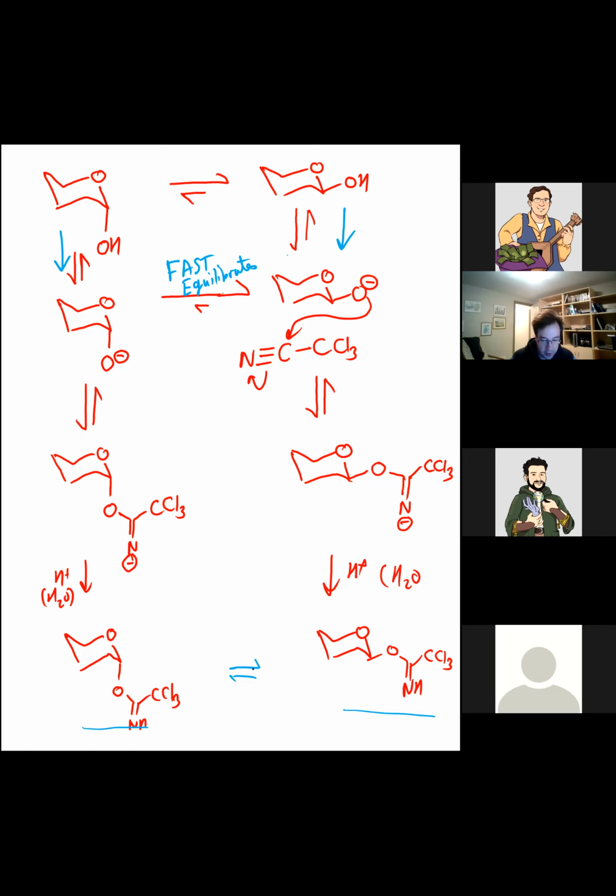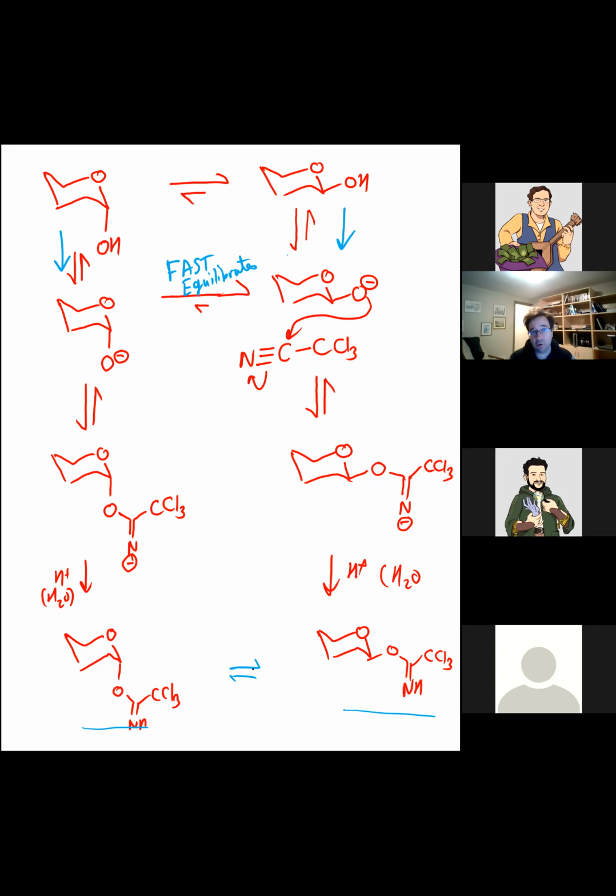Which one do you think is lower in energy? Which one do you think is more stable? The left? Alpha? Yeah, alpha, right?